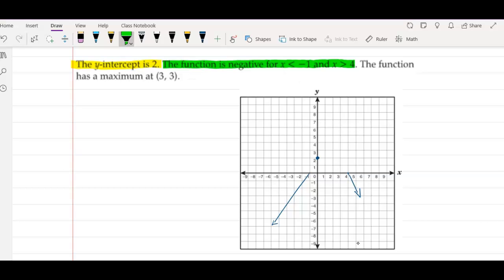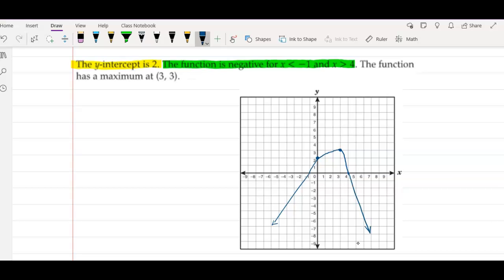The function has a maximum at 3, 3. It means it comes up this way and then goes right back down. Now, I don't know if it bends this direction or what it does. Again, it's just a sketch, so let's see.